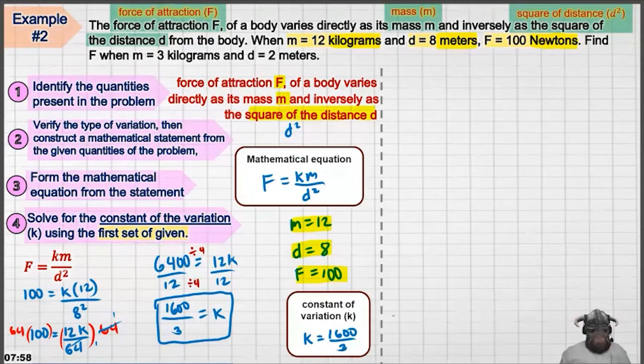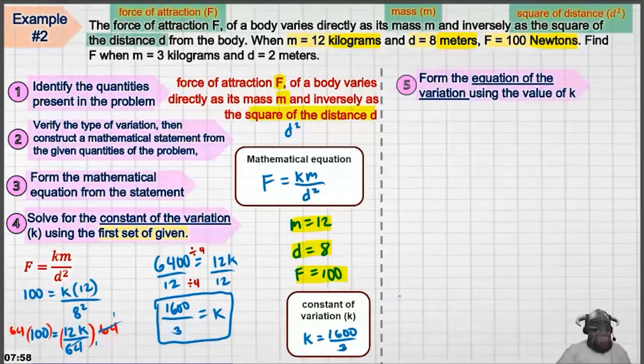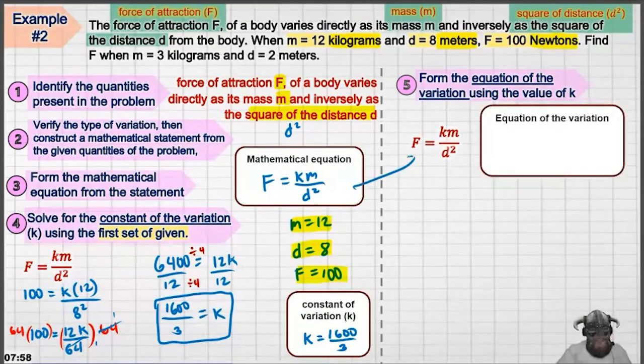So K is equal to 1,600 over 3. Yan. So as we continue, we'll try to use this mathematical equation and the constant of variation K to form an equation of variation. So ito 'yan. And then yung K papalit natin. So papansin nyo, parang medyo komplikado. Ang taas niya at the same time fraction siya. So huwag kayong mag-alala.